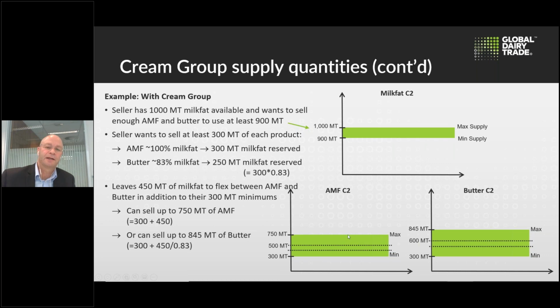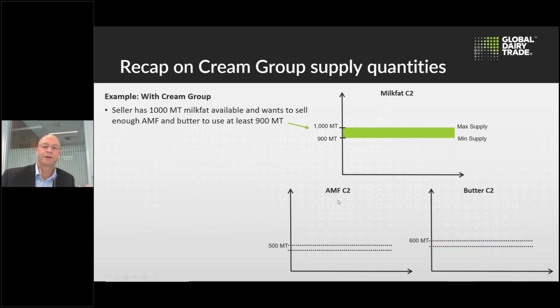So now you can see that the effect of introducing the cream group is that the supply ranges for AMF and butter are much larger than they were previously. The dashed lines represent what we had before the cream group. So there's a lot more flexibility to meet the demands of buyers and sellers according to what they want to buy. So just to briefly recap on that, we've got a certain amount of milk fat that we want to sell.